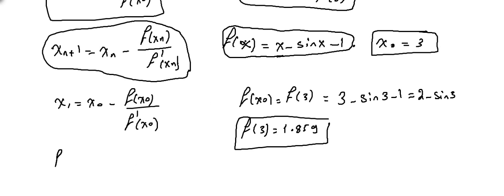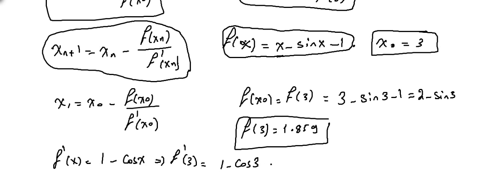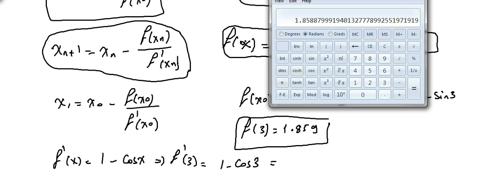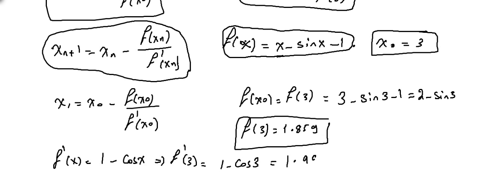Let's find f prime. What is f prime of x? It's the derivative of x, which is 1, minus the derivative of sine x, which is cosine x, minus the derivative of 1, which is 0. This means f prime of 3 is 1 minus cosine 3, again using the calculator in radians, which is 1.9899, approximately 1.990.